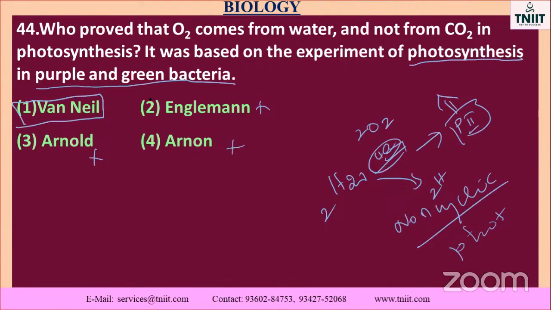Don't forget, Van Niel studied photosynthesis in green and purple bacteria. During this process, oxygen comes from water, not from CO2. In normal photosynthesis also, the water molecules split to release oxygen. But this process was discovered by the scientist called Van Niel.